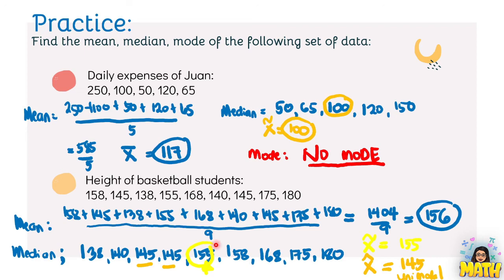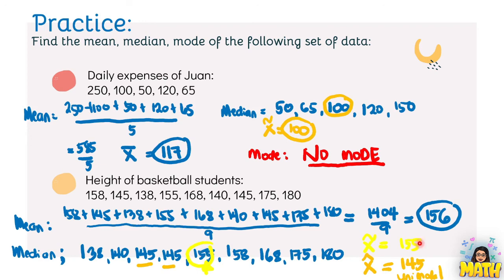The sum of this is 1,404 divided by 9. That means the mean or the average height of 9 basketball students is equal to 156 centimeters. For the median, we simply arrange the values of the height from smallest to highest, and the middle score is 155. So that is the median.